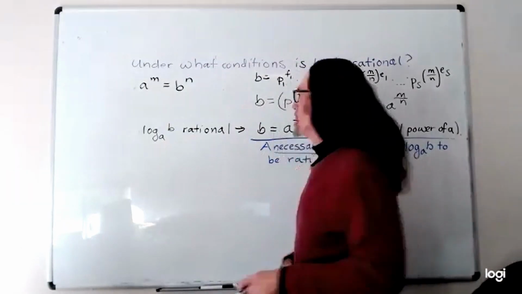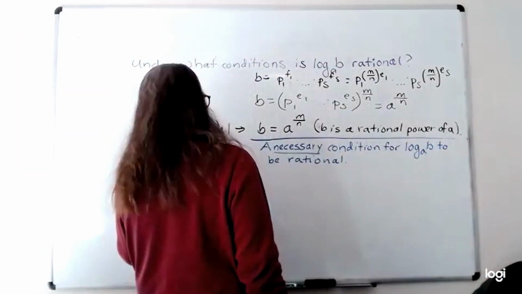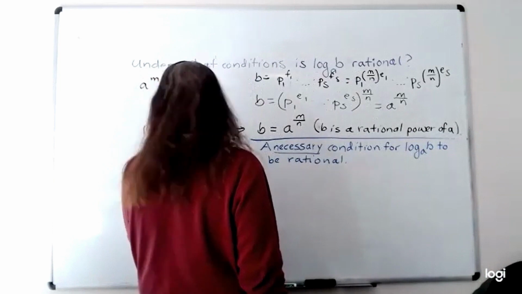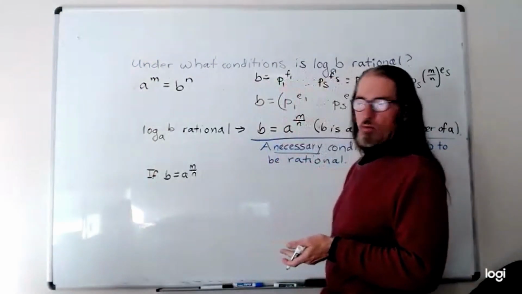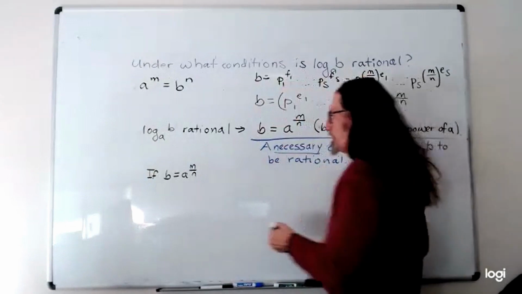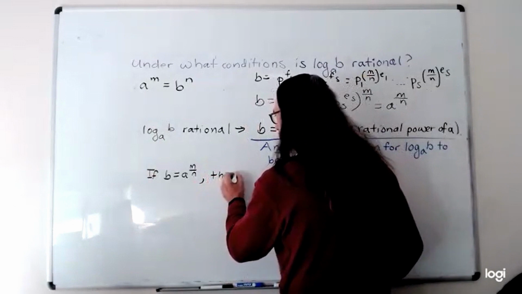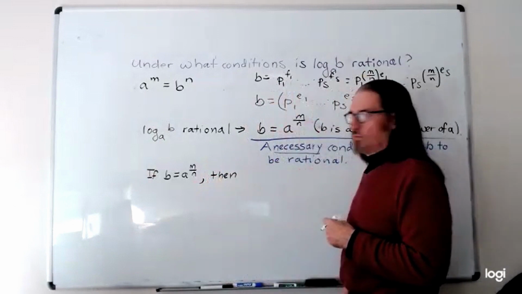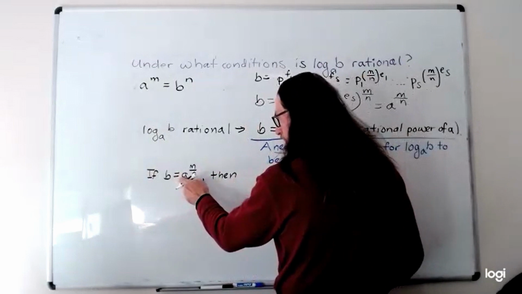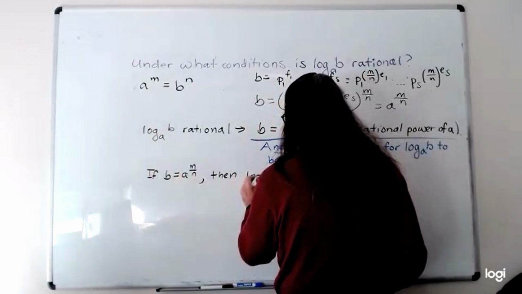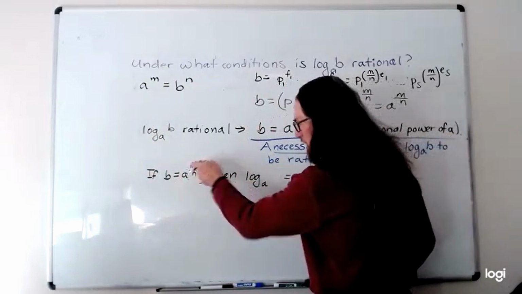On the other hand, if B is a rational power of A, then by the definition of logarithms, we've got a base of A. The answer to the logarithm will be that exponent.